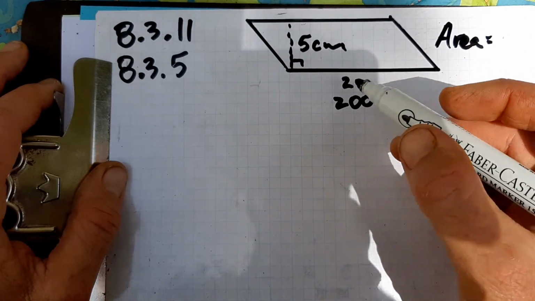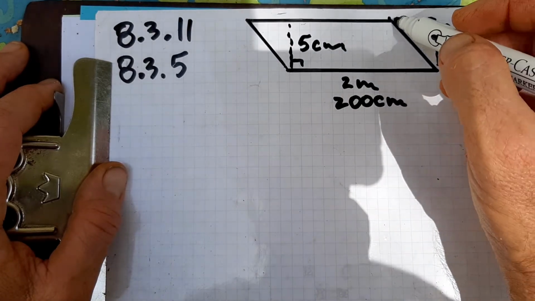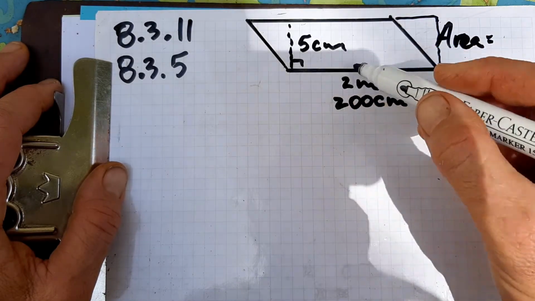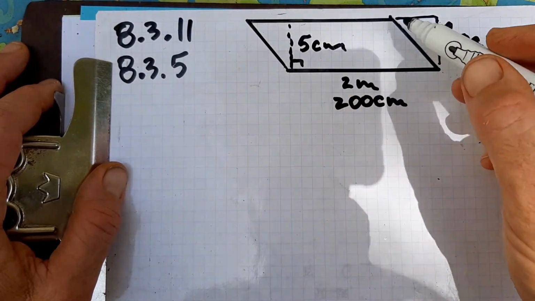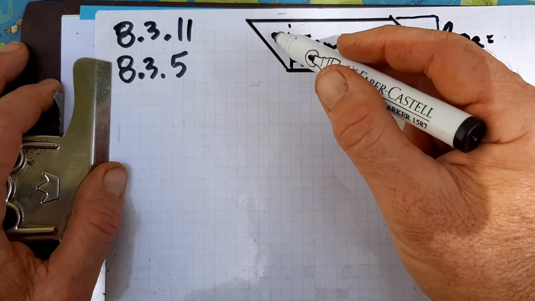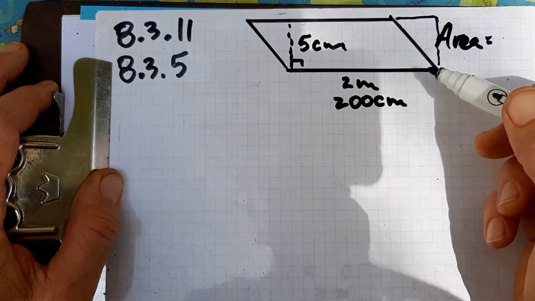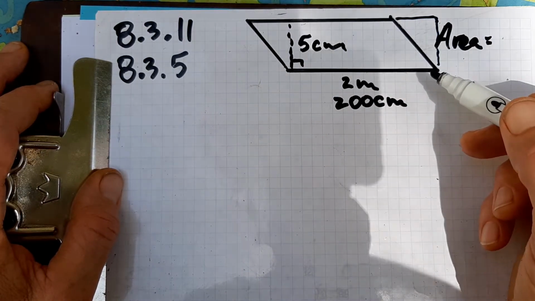Area is, and we showed this, if I took this little triangle right here, I have a rectangle to start with, and I cut off a triangle down at the end, a right triangle, and I slide it over here. I'd have it here. The area of a parallelogram is the same as the area of a rectangle.